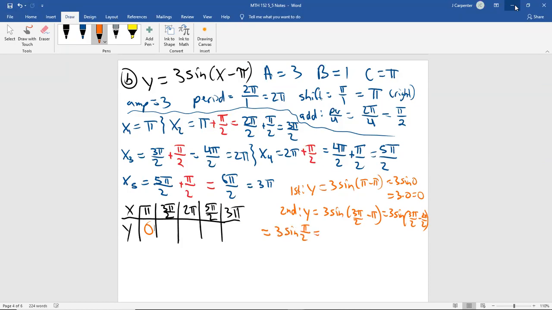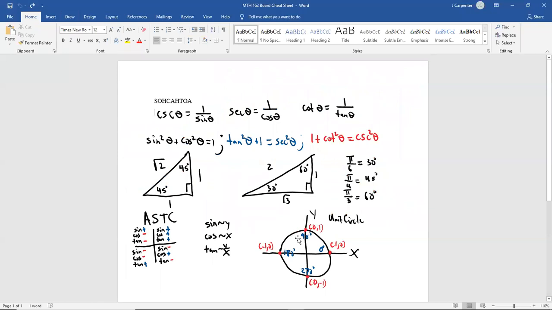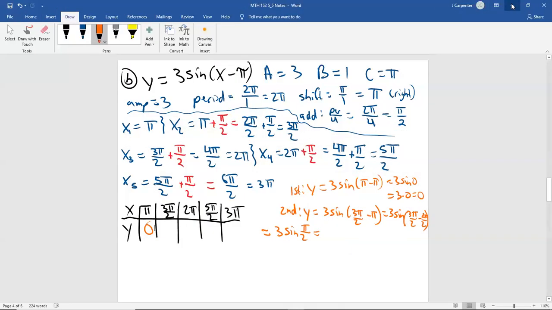And look at this. We're still getting those quadrantals as I promised. 0, 90. The next one definitely 180 after you do the work. The sine of 90 degrees, back to the unit circle. 90 degrees is here. The y value is 1. So it's 1. 3 times 1, though. Not just 1. And that's why that's a 3, not a 1. Terrible looking 3. Let's try that again. There we go.